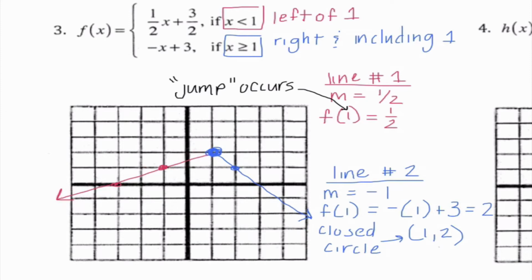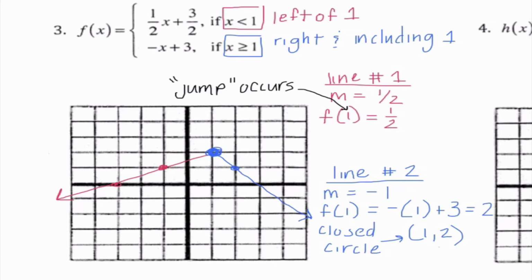Okay, so we just need to remember, let's double check. This line is rising from left to right, so that means our slope should have been positive, and if we look, it was. Second thing is that I might want to go ahead and use a vertical line test. So if I go straight across, at every single x value, there's only one y value, so this passes the vertical line test.